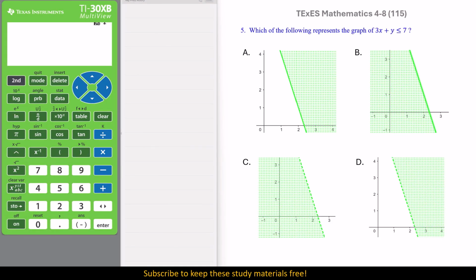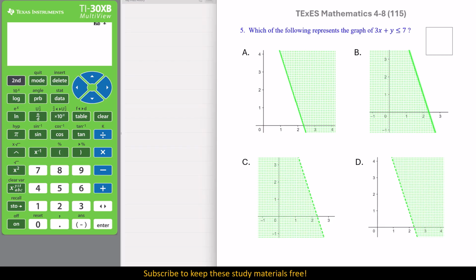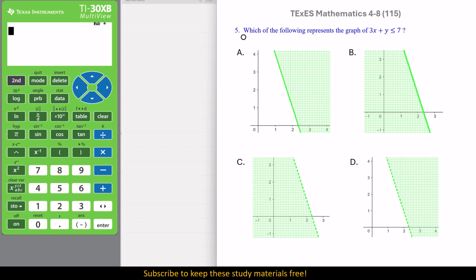Number 5. Which of the following represents a graph of 3x plus y is less than or equal to 7? Okay, so if we put that in y-intercept form, we could really see what the graph should look like. But we can already eliminate 2 items.